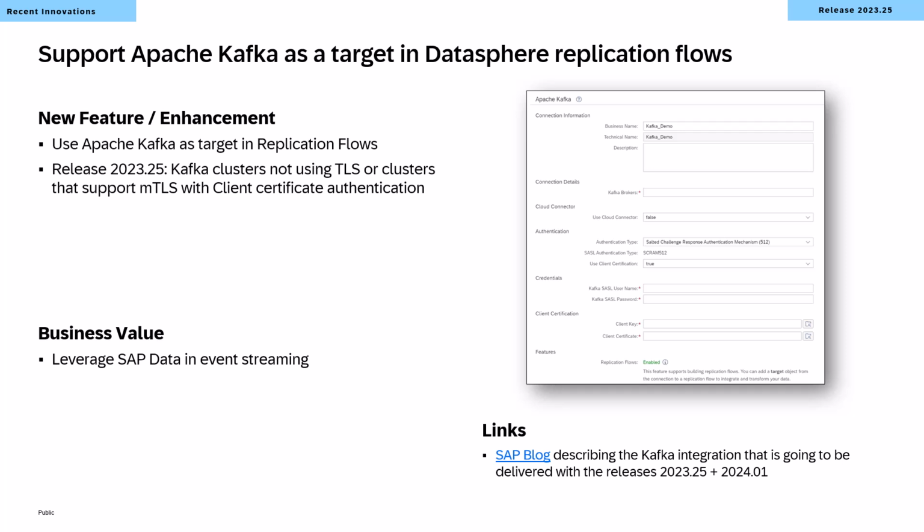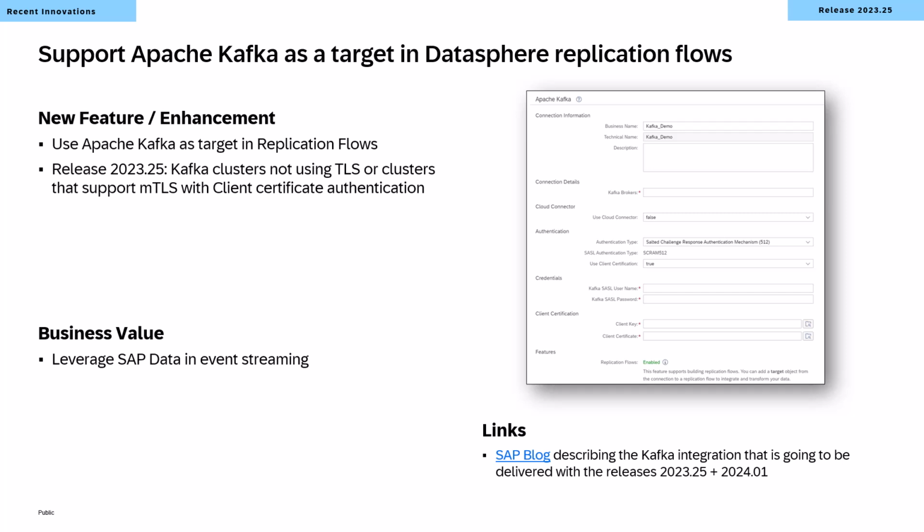Also there we released a blog which describes this Kafka integration, and what is described in the blog online doesn't only cover what was released in release 2023-25, but also with the first release there were some additional enhancements made to the Kafka integration with release 2024-01, which is delivered in mid of January.